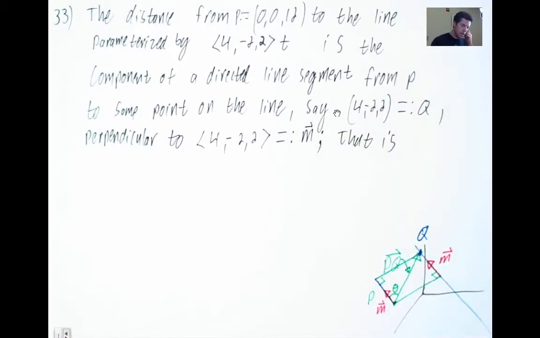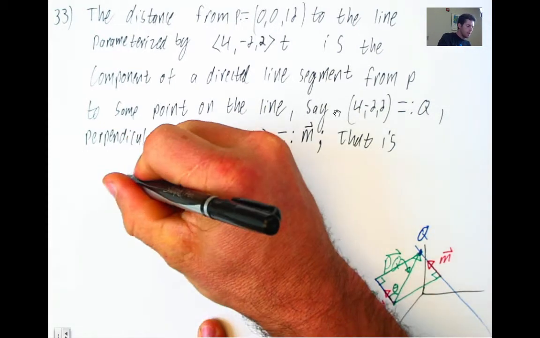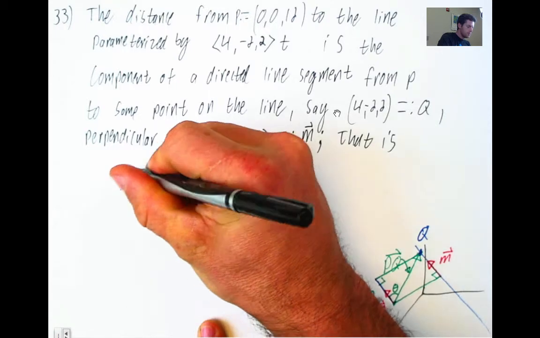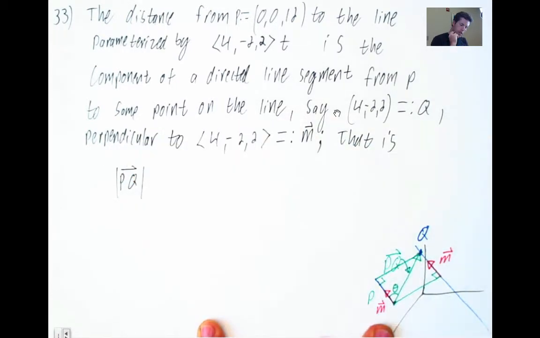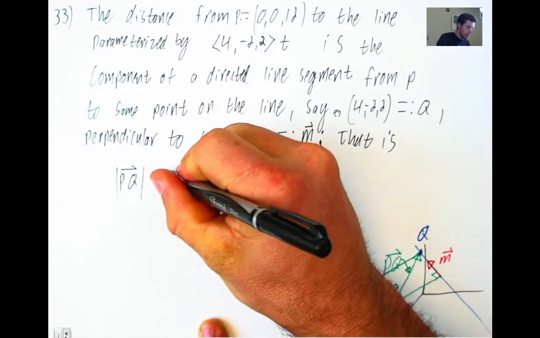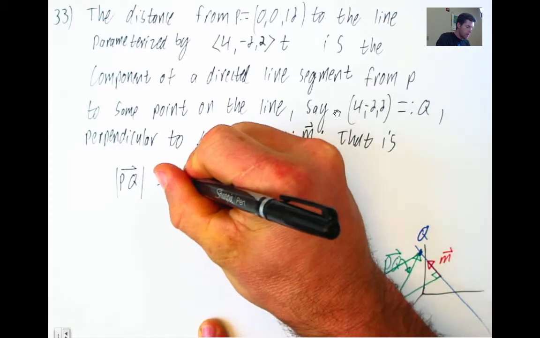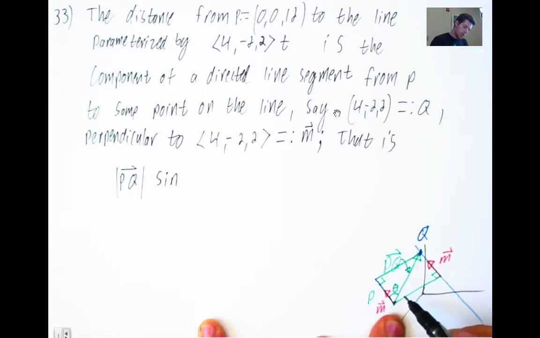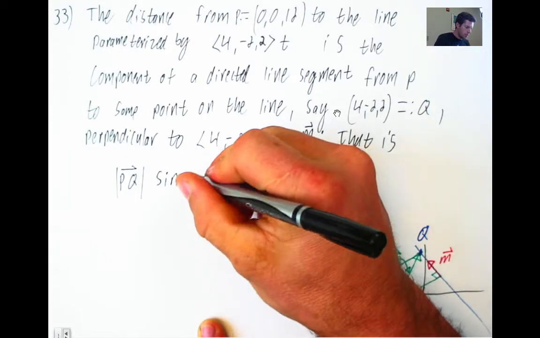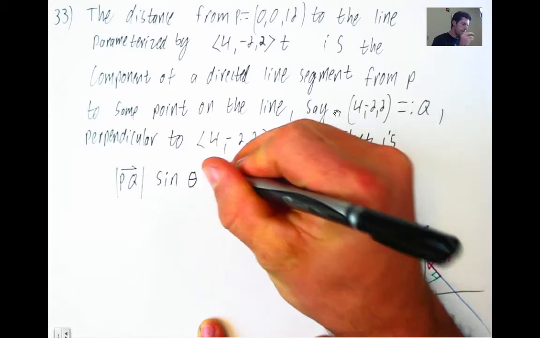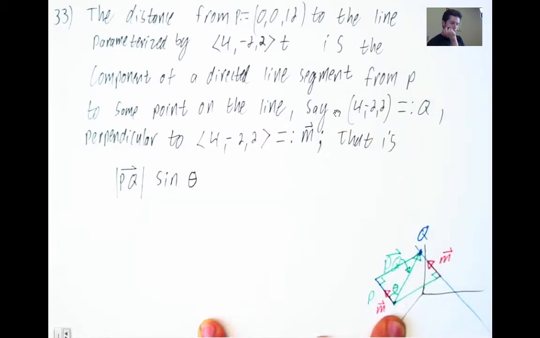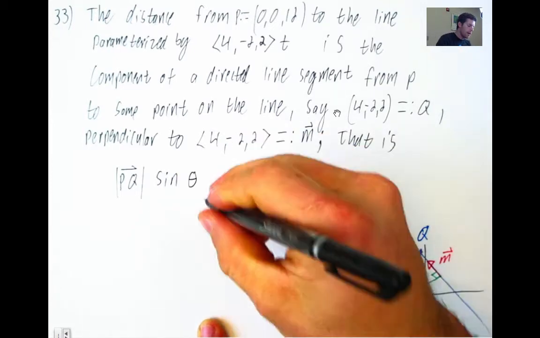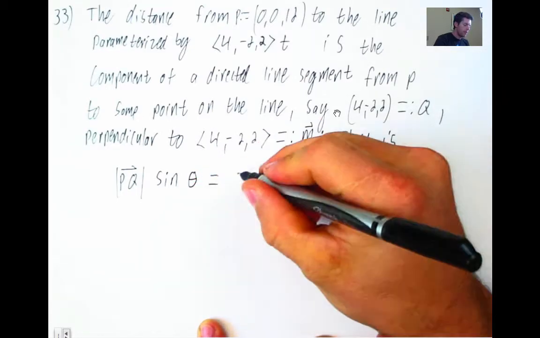So how do you get the length of that? That's the length of PQ times the sine of the angle in between PQ and M, and I'm going to call that theta for now. Oh, right, and you can get that from a cross product.